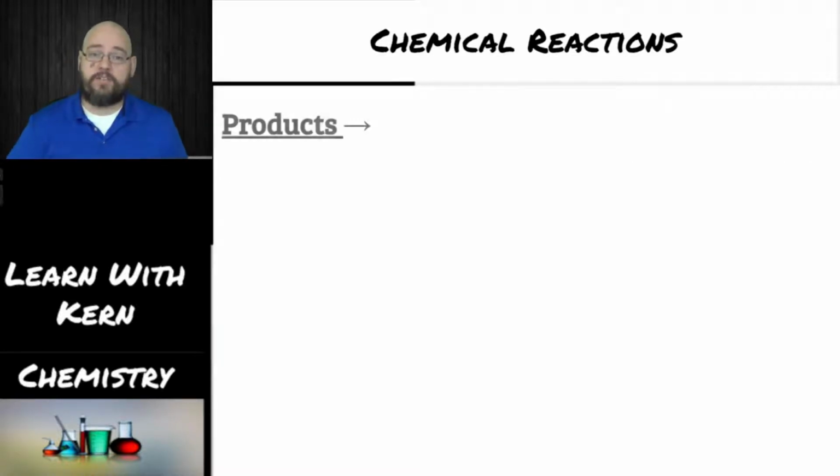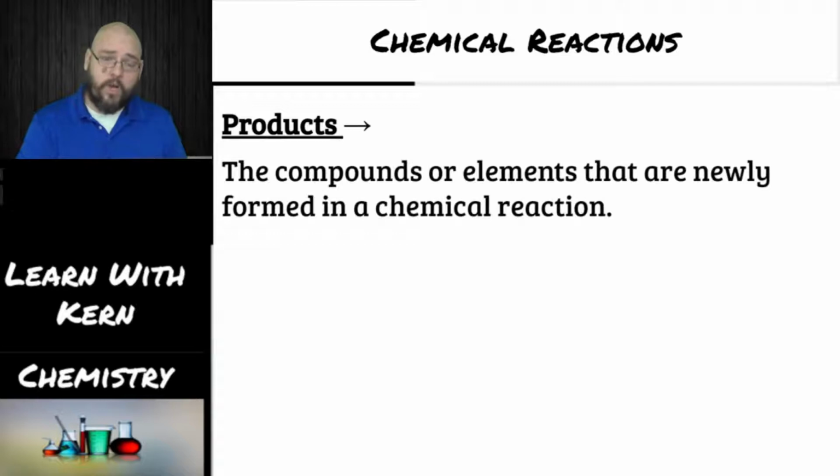The products are compounds or elements that are newly formed in the chemical reaction, not created out of nothing, but newly formed compounds or newly released elements. So as we're dealing with this, again, they're just rearranging themselves. So if I have carbon dioxide before the reaction, that's made up of carbon and oxygen in a compound, but then afterwards I have carbon and oxygen separated, then they're now elements when before they were compound.